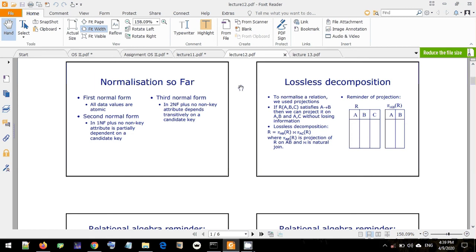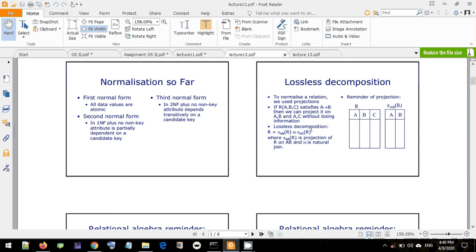Lossless decomposition. In lossless decomposition, we normalize a relation by using projections. For example, if we have a relation with attributes A, B, and C, and A is functionally dependent on B, then we can project it on AB and AC without losing any information.